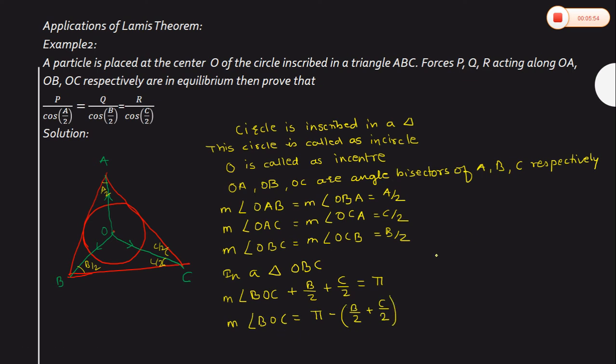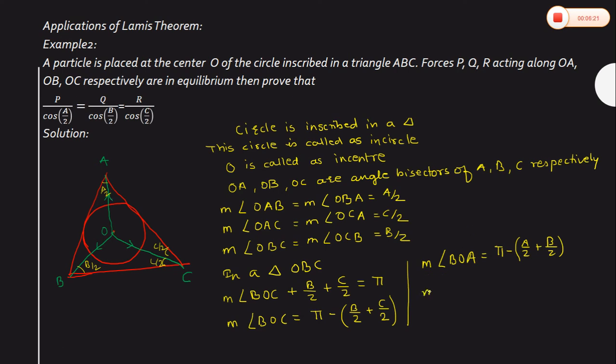Similarly, we can calculate the measurement of angle BOA, that is equal to pi minus A by 2 plus B by 2. I am considering the triangle BOA.